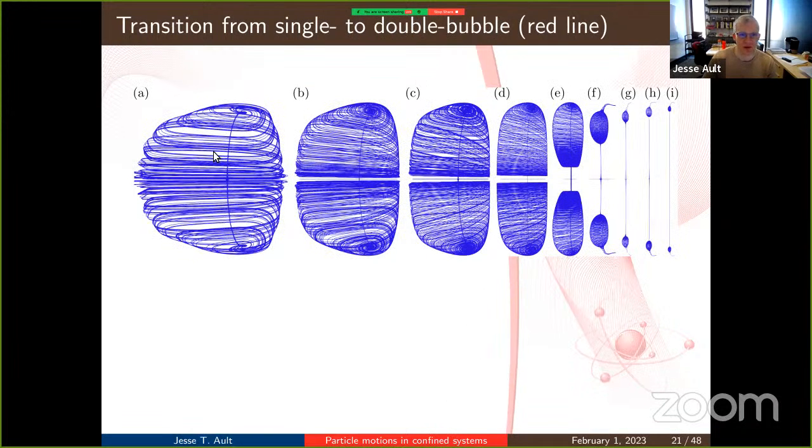And you can see that here. So here we're increasing the cavity width. Originally you have this single recirculation zone. As you increase the cavity width, it becomes two regions, which are symmetric. And as you increase much further, you don't approach the 2D limit because you still have walls, even if the width is very large.